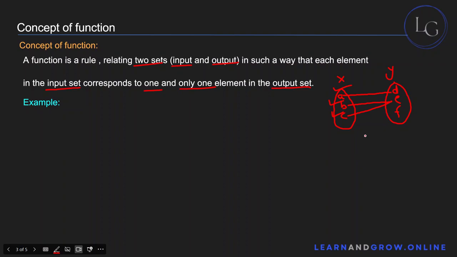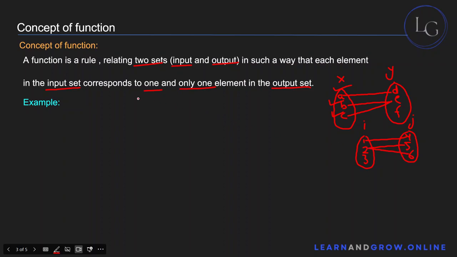But let's say that you had another set, let's call it I, and another output set J, and you have elements like 1, 2, and 3 in the input set, and 4, 5, and 6 in the output set. In this case, 1 corresponds to 4, fair play till now, but 2 corresponds to 5, and it corresponds to 6 as well.